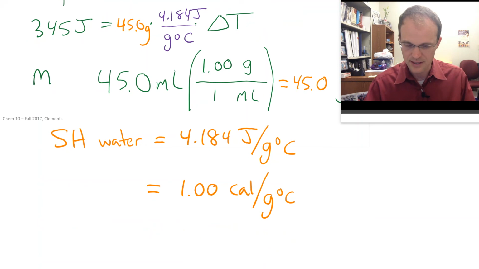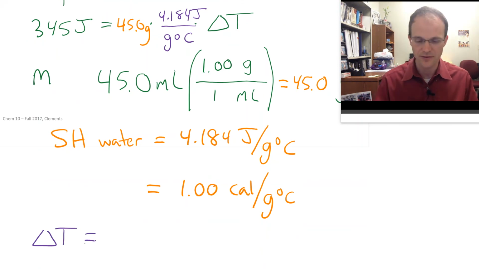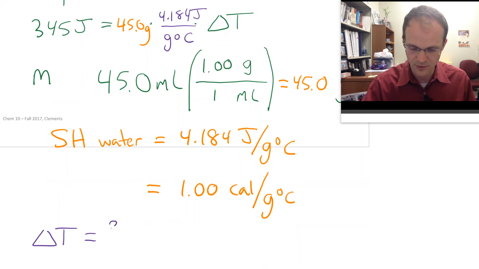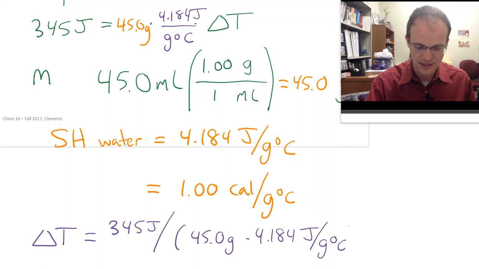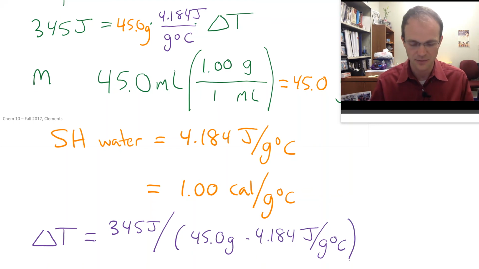We're going to take delta T and divide both sides by the 45 and divide both sides by the 4.184. So you get 345 joules divided by 45.0 grams times 4.184 joules per gram degree Celsius. There's a lot of units there, but keep your units in as you go.